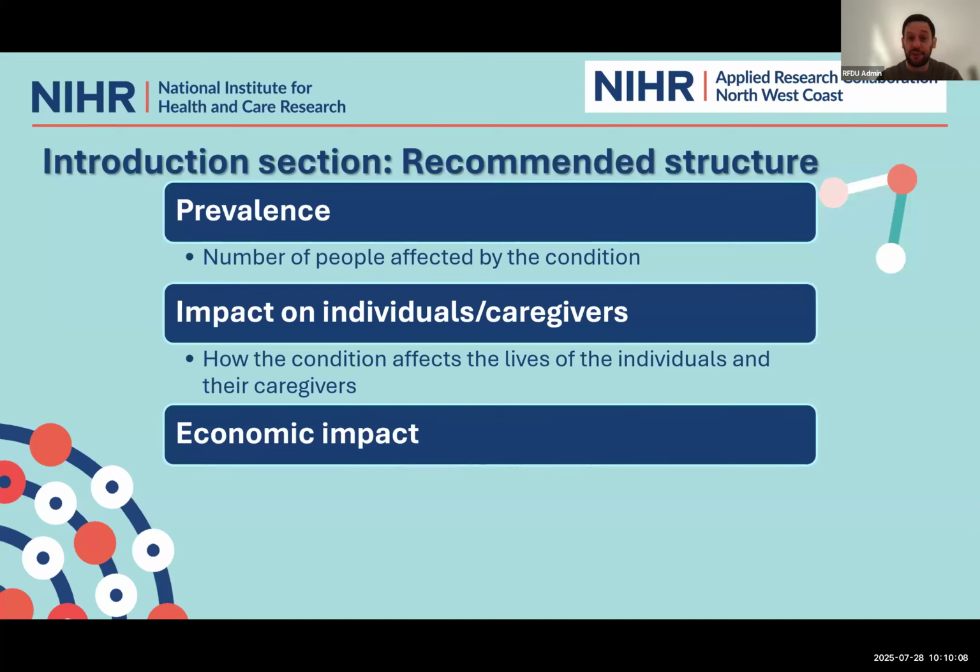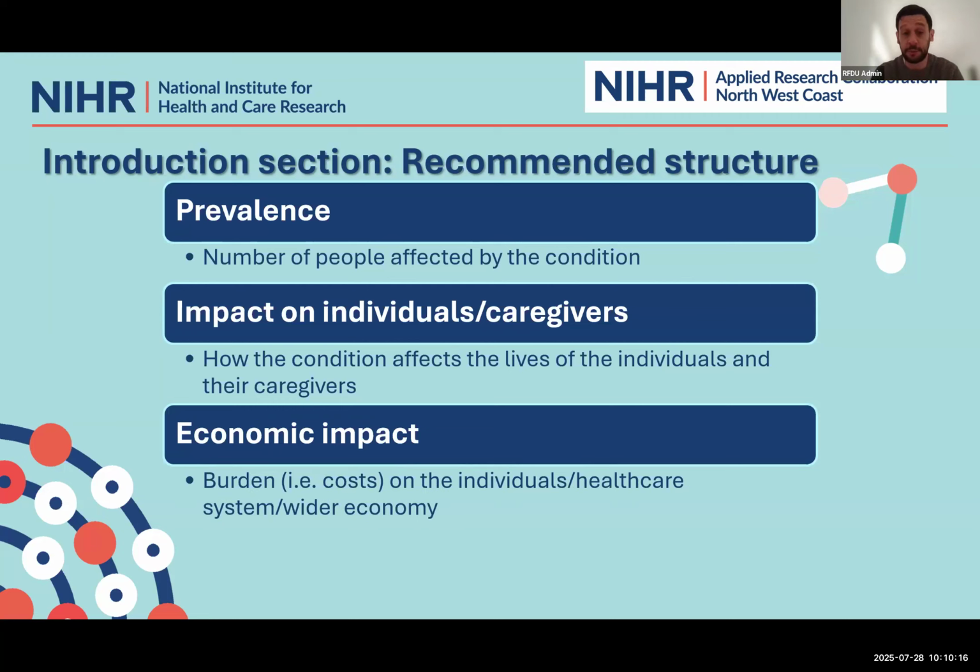With this being an economic commentary, we also need to make a point around the economic impact of the particular disease or condition or the particular problem in general. So we need to try to find some information around the burden, the costs on the individuals, on the healthcare system, on the wider economy. Of course, things might change in different countries, jurisdictions. Now in the UK, of course, we know that typically the burden of the treatment of the disease is incurred by the NHS.